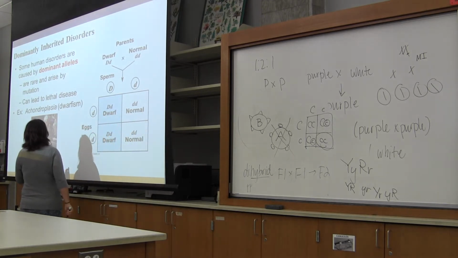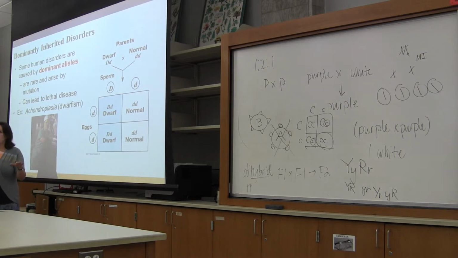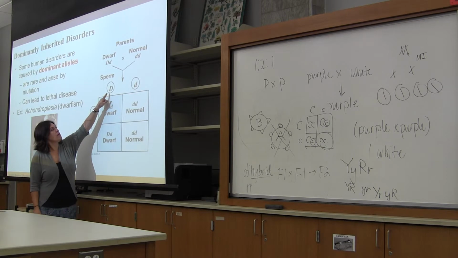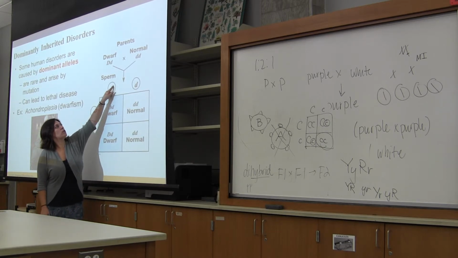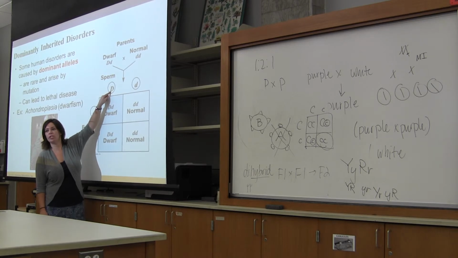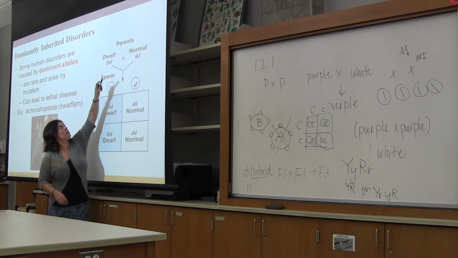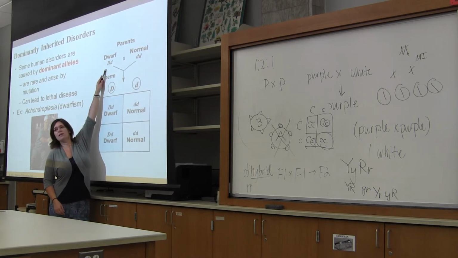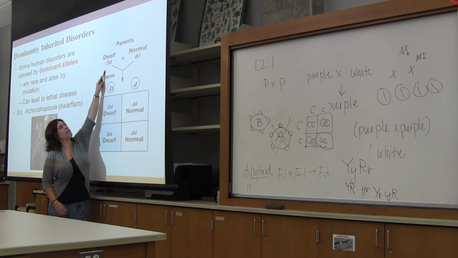So an example of this is achondroplasia, which is dwarfism. And so in dwarfism, the capital D represents the mutation, or the dwarfism. So in individuals where you only have 1 copy of that, they're going to show the dwarf phenotype.